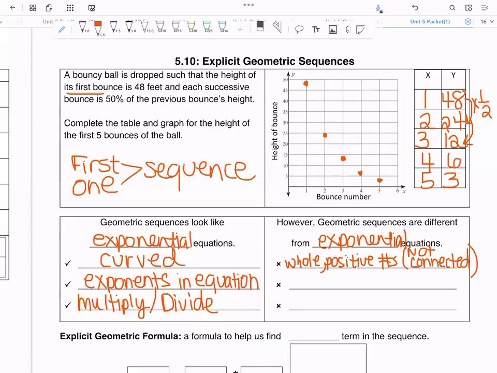So only whole positive numbers. We're going to start at 1 instead of at 0, where we typically start with our exponential formulas. And we're going to look for words like first or 1 to indicate that we're using a sequence instead of start or begin. Those would be the words for exponential equations.